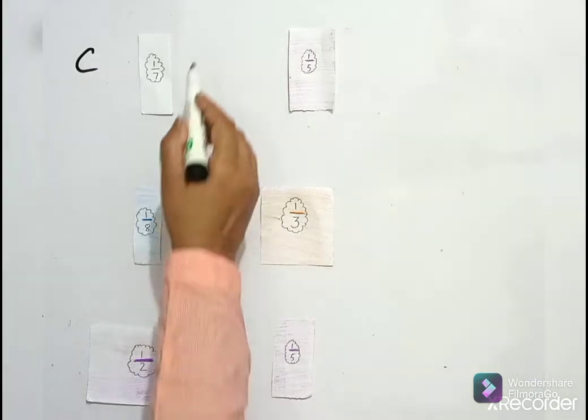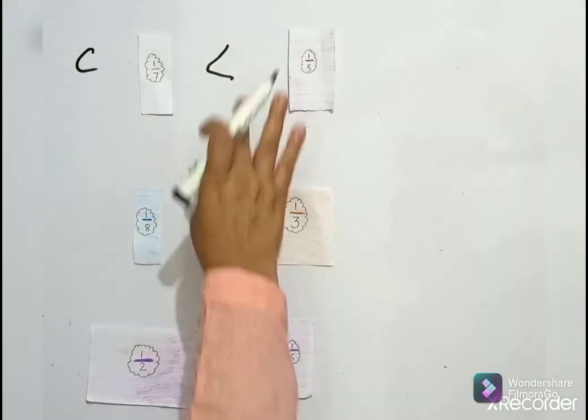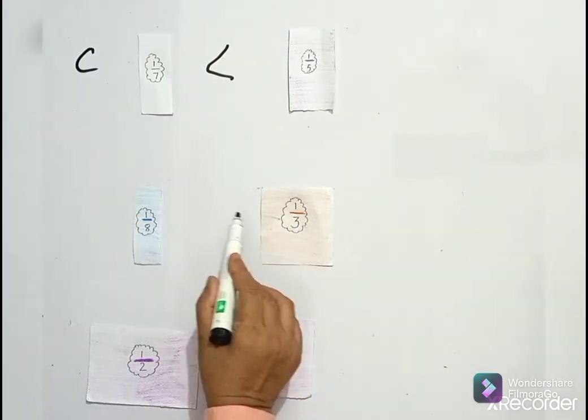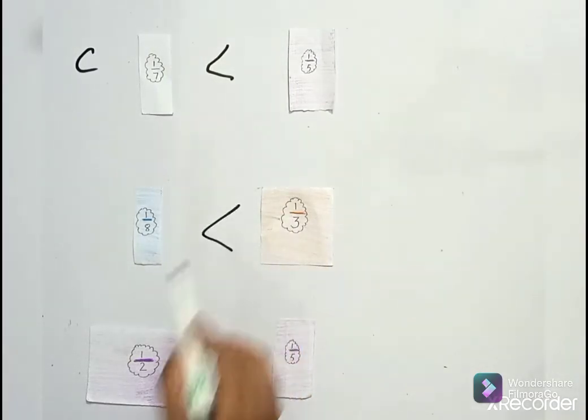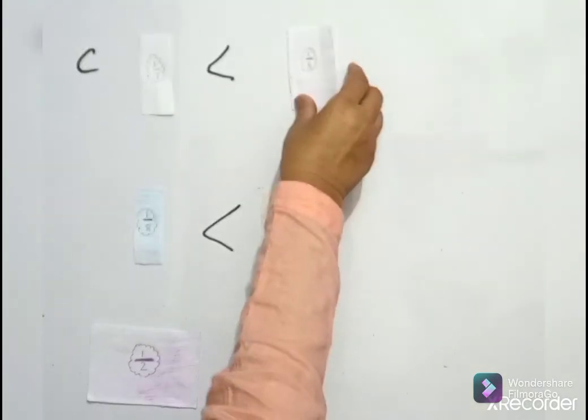Very good, this one is smaller. 1 over 8 and 1 over 3, which is greater? 1 over 3 is bigger. 1 over 2 and 1 over 5, which one is smaller? Very good, 1 over 5. In the same way, you can do the other parts like this.